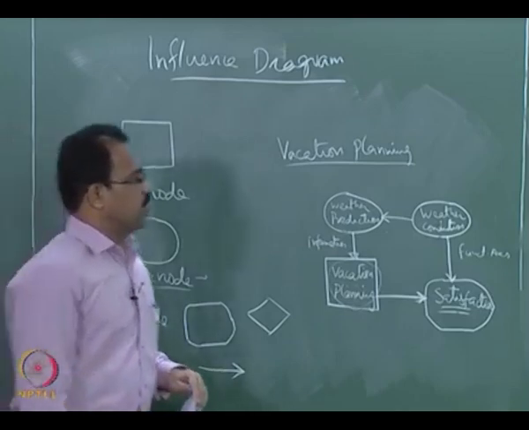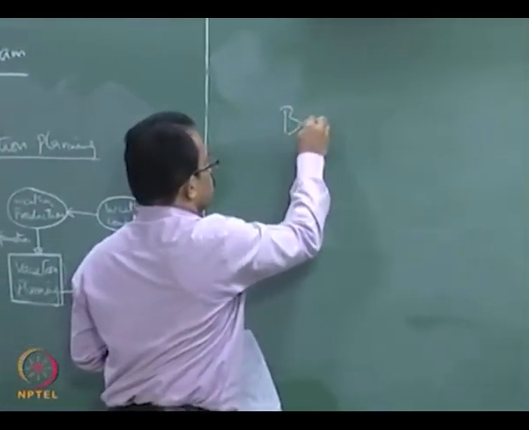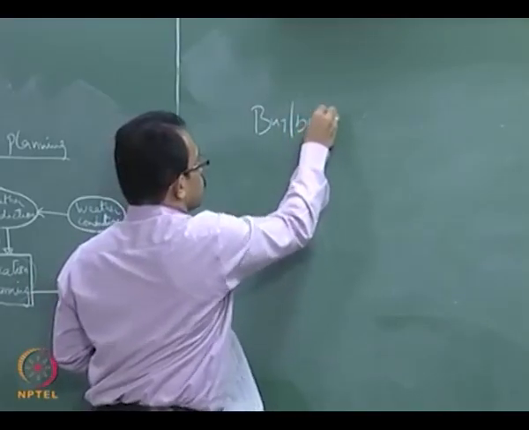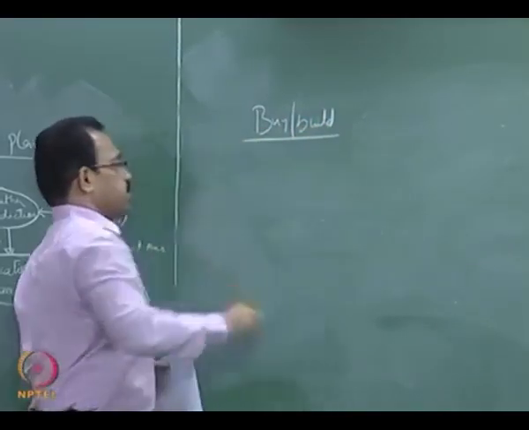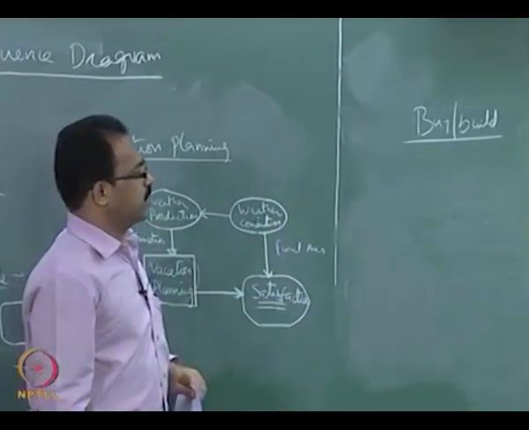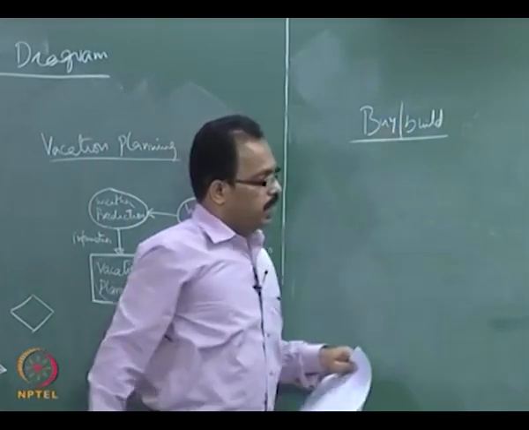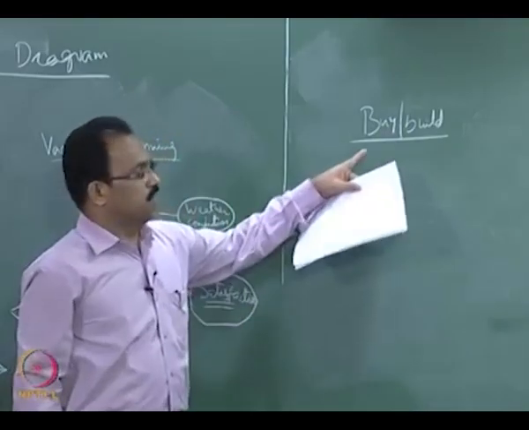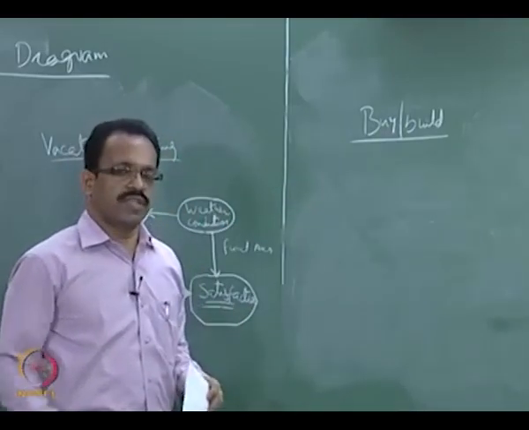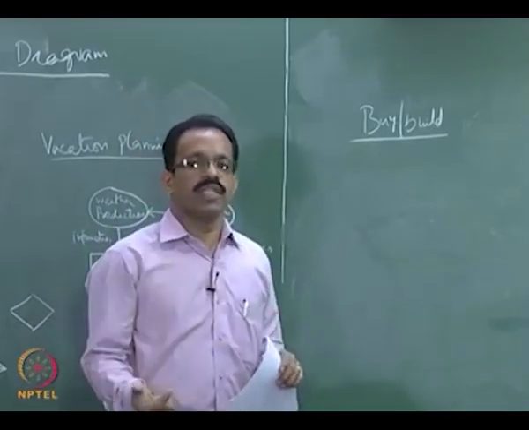I can show you another example where the company wants to make a decision on buy or build. We developed a decision tree for this particular case. In the last class we discussed how to make a decision tree for this buy-build decision, whether a company wants to buy a particular product or make the product themselves.